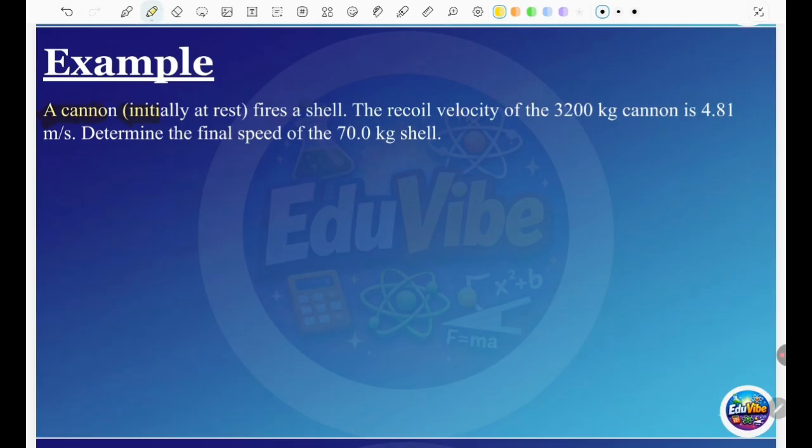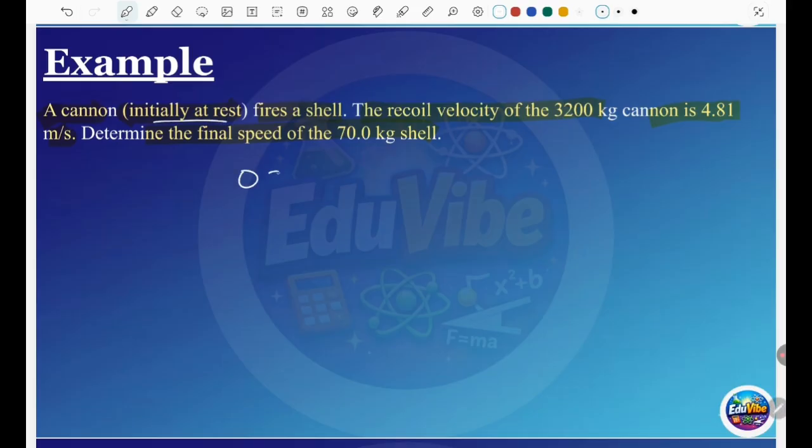A cannon initially at rest fires a shell. The recoil velocity of the 3200 kg cannon is 4.81 meters per second. Determine the final speed of the 70.0 kg shell. They didn't mention what happened initially, so we just take it as initially at rest.